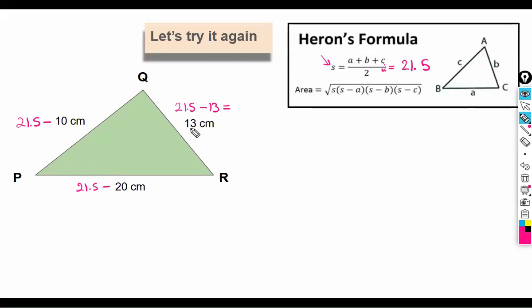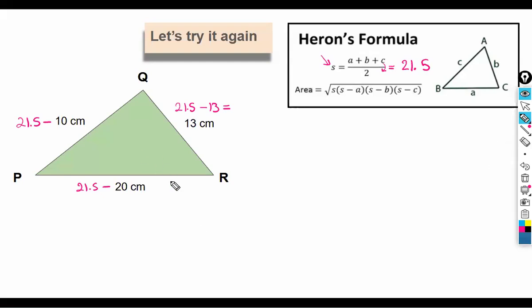So go to each side and minus the length of the side from 21.5. So the 21.5 visits all three sides, but when you go there, the length of the side gets minused from it. Right?